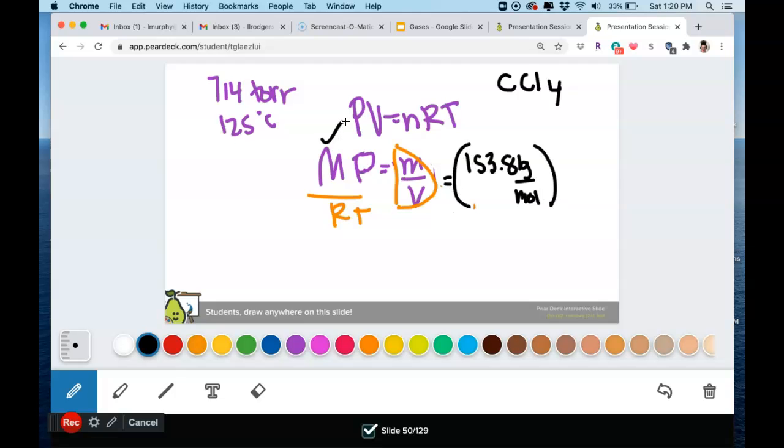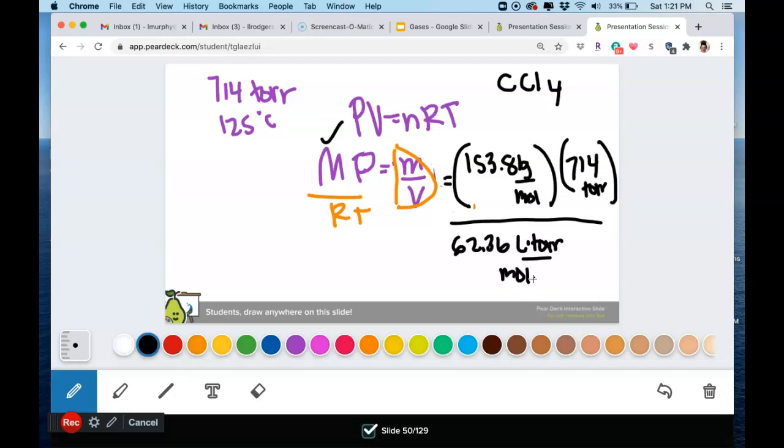Pressure is 714 torr. R is the gas law constant. Now I'm going to use the 62.36 because that's the one that has torr in it. And T is temperature in Kelvin. So 125 plus 273 is 398 Kelvin. And then let's look at how units cancel.